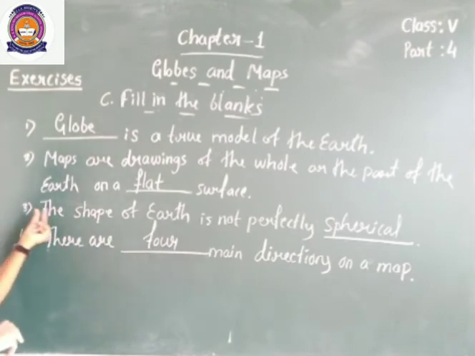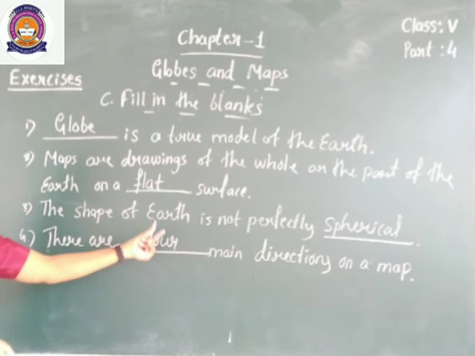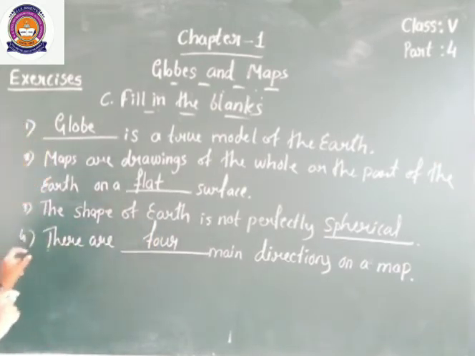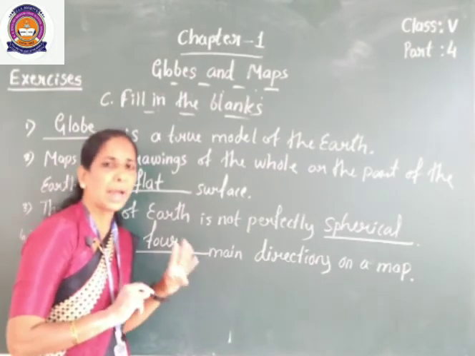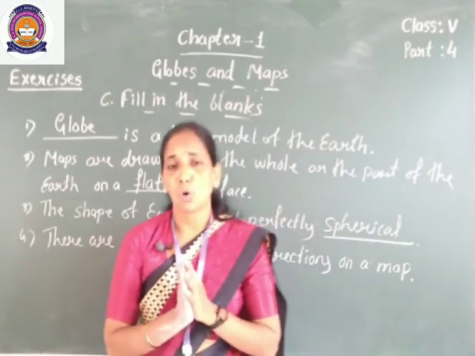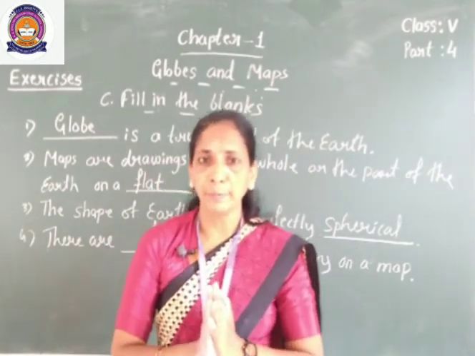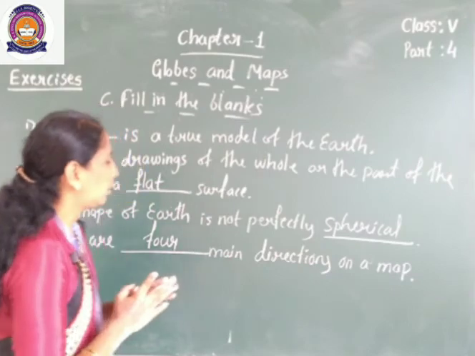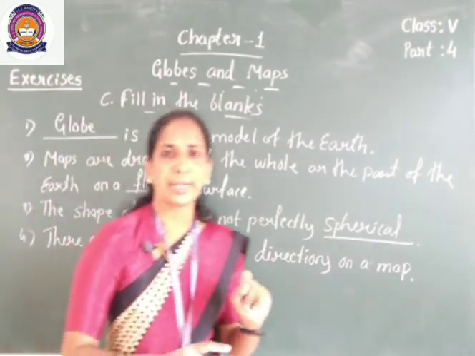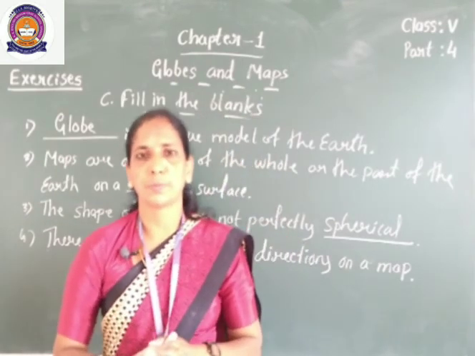Question number 3, the shape of the earth is not perfectly spherical. Question number 4, there are 4 main directions on a map. Okay students, so you should write it in your notebook correctly. Note it down correctly in your notebooks.